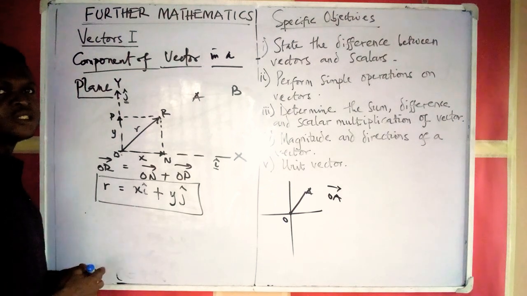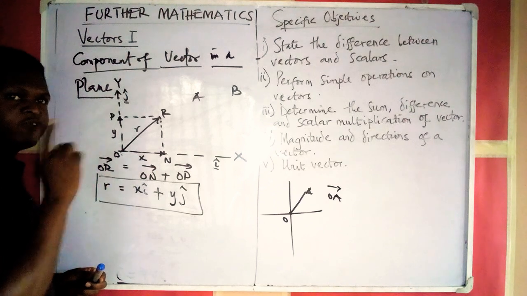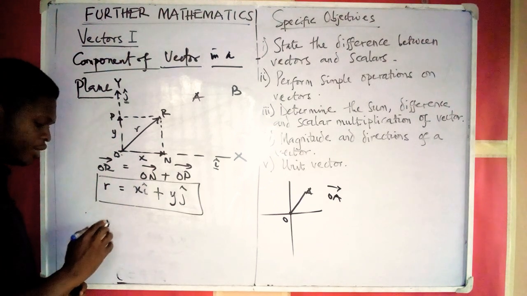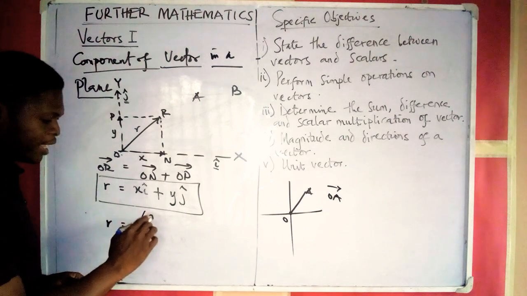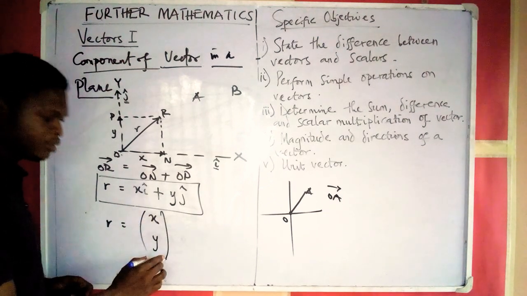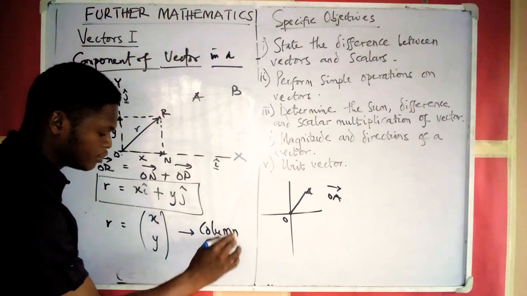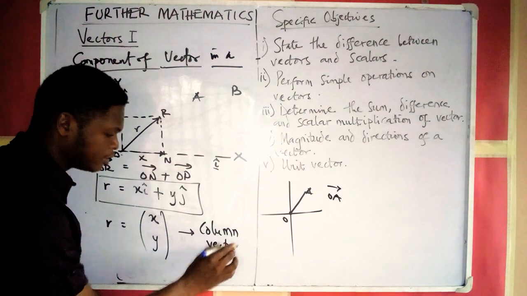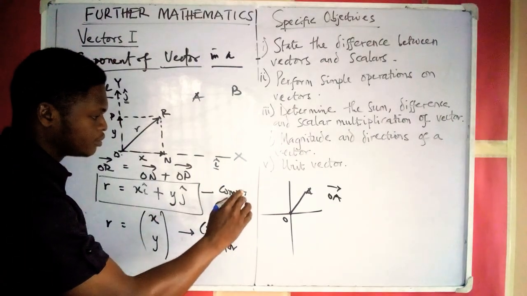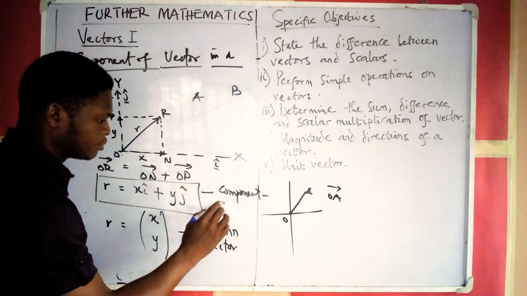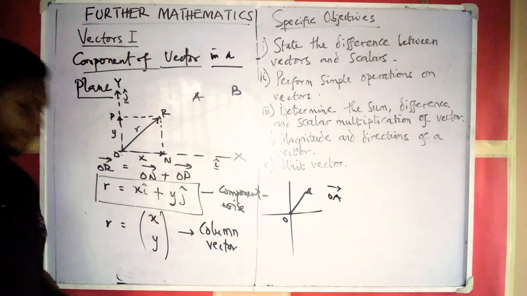Apart from writing vectors in their components, vectors can also be written as a column vector. What do we mean? It means that R here, which is our OR, can also be written as x upon y. So this is called the column vector. This is another way a vector can be written apart from its component-wise form.